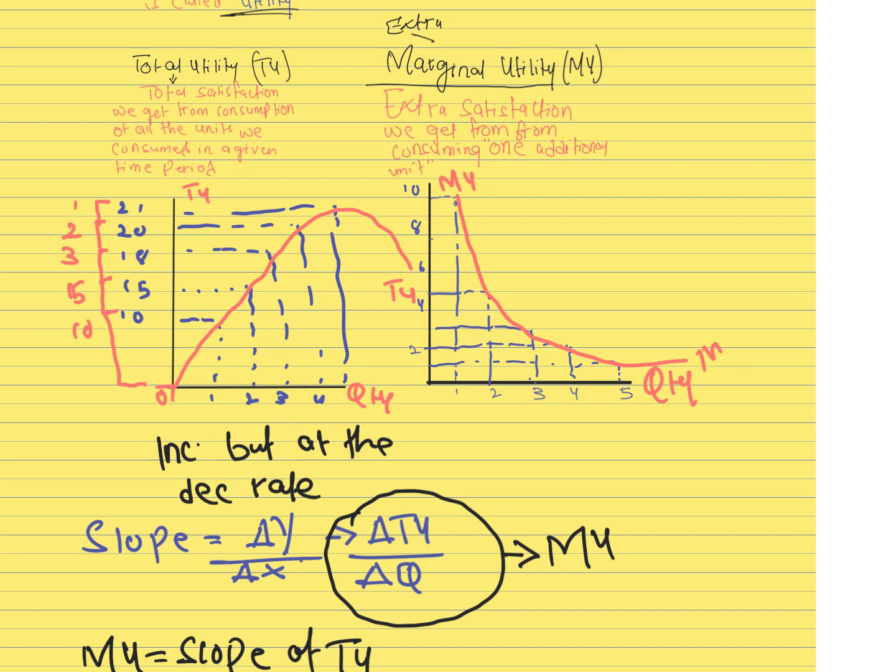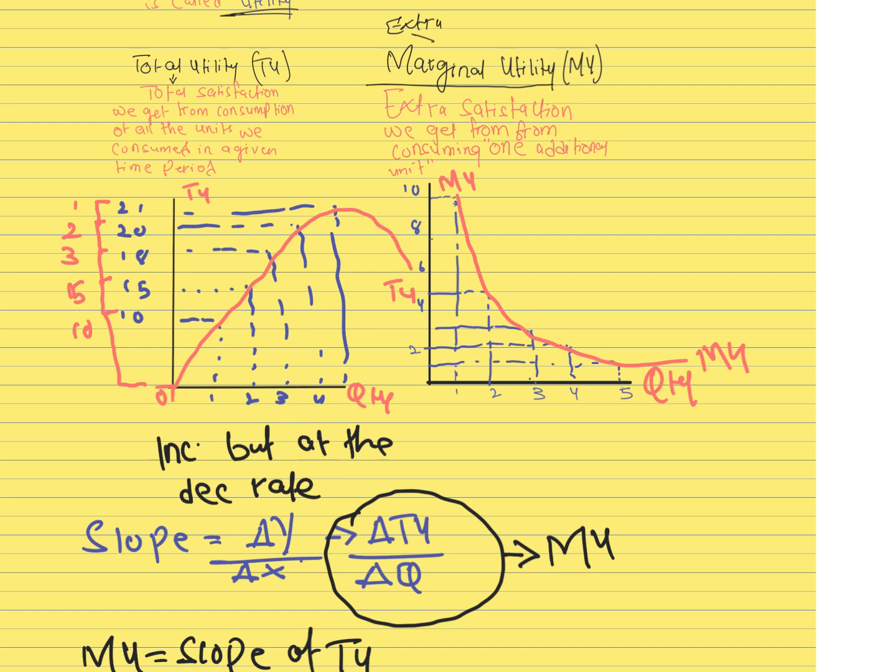So this is our MU, or our marginal utility curve. As you can see, as we are increasing the consumption of our good, our additional satisfaction, or the marginal utility, will keep on falling.